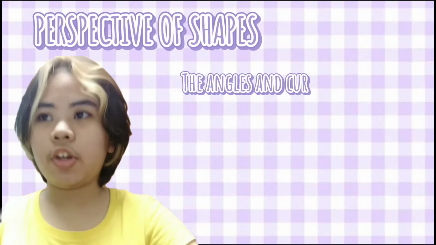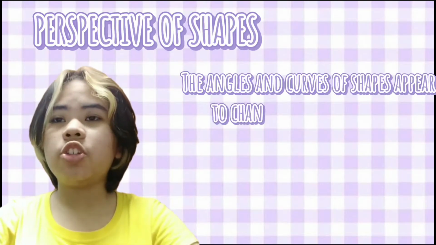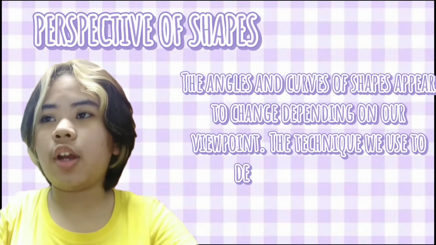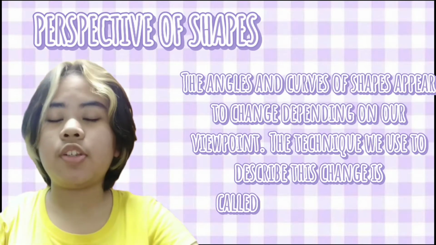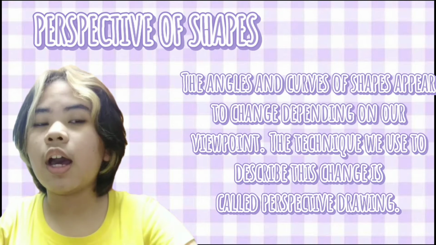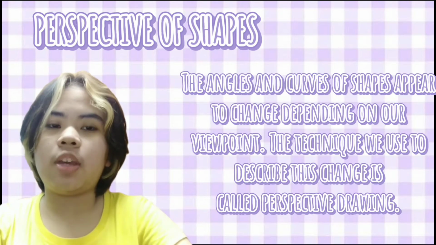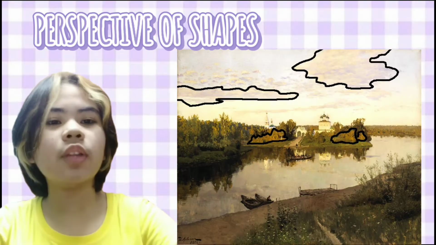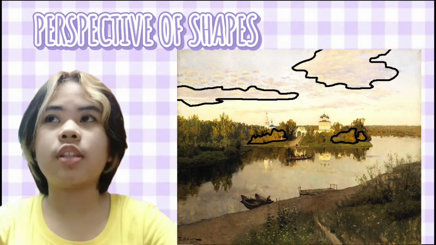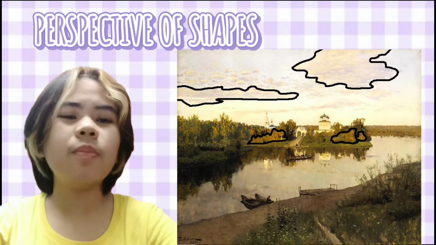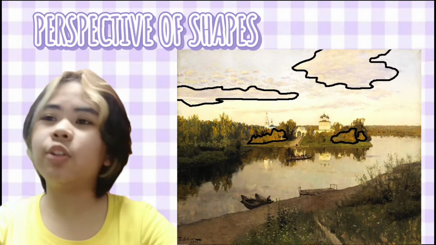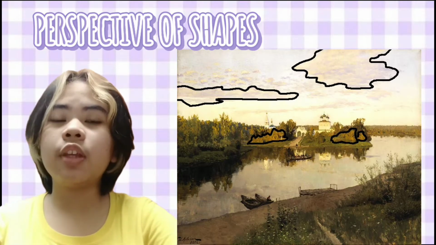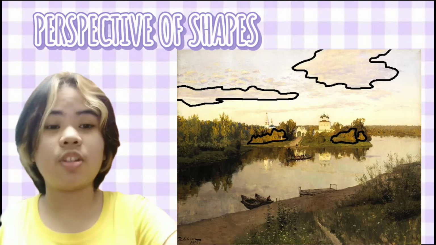Are the angles and curves of shapes appear to change depending on our viewpoint. The technique we use to describe this change is called perspective drawing. Ang example niyan is the organic shapes, yung example doon na picture. Diba? Kung ano yung nakita natin sa isang object, parang yun na yung viewpoint natin dun sa shape na yun.